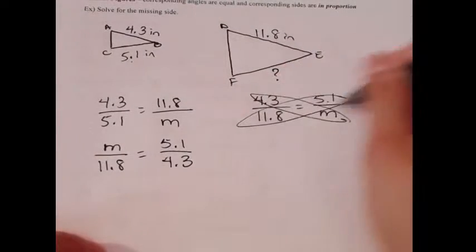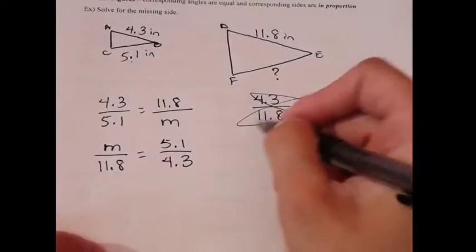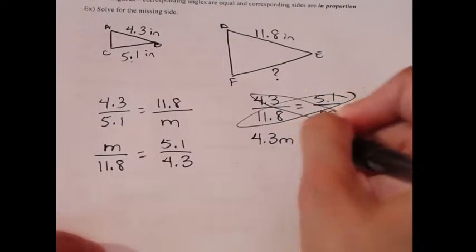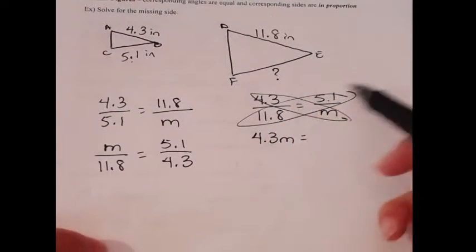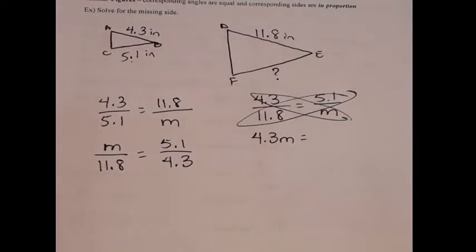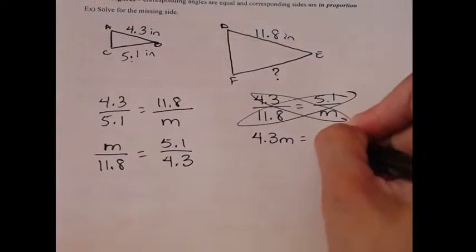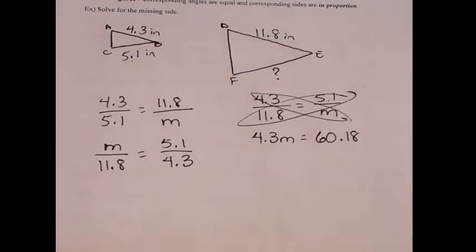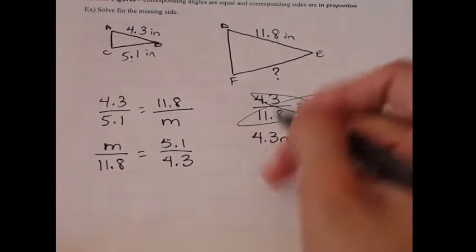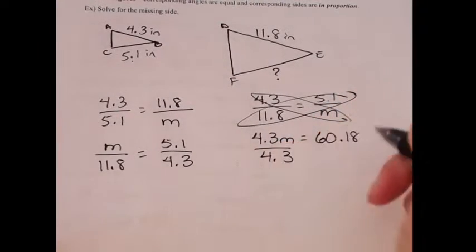We are going to cross multiply. We have 4.3 times m, and we have 11.8 times 5.1. So 11.8 times 5.1 is going to give us 60.18. In this case, we are then going to solve for m by dividing by 4.3.